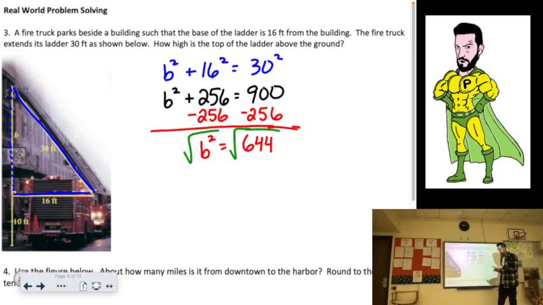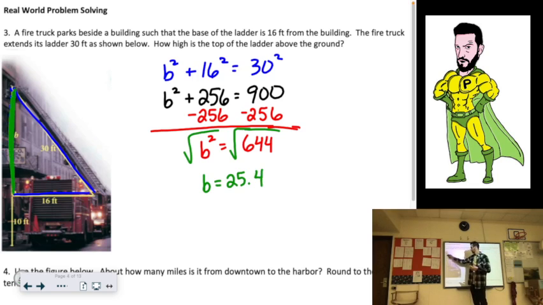Alright, square root of 644, 25.37, so let's call it 25.4. Now that is this length right here. But if you look at the picture, it says, how high is it off of the ground?